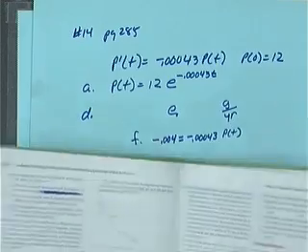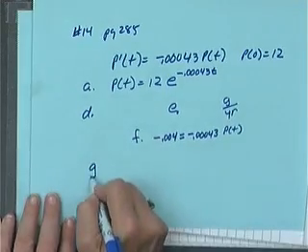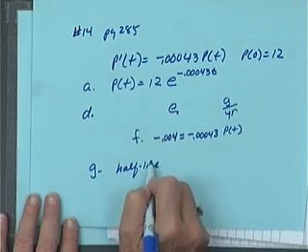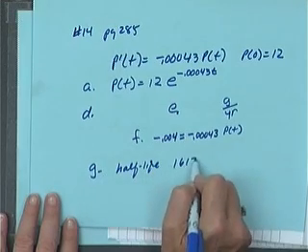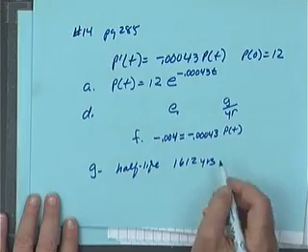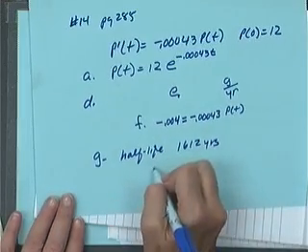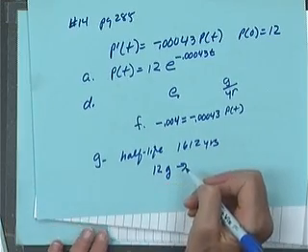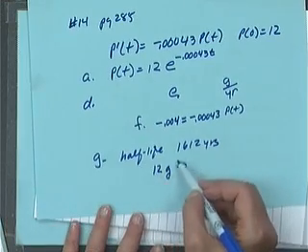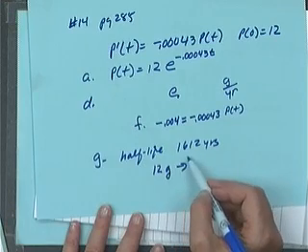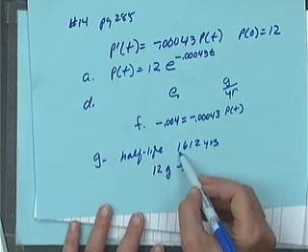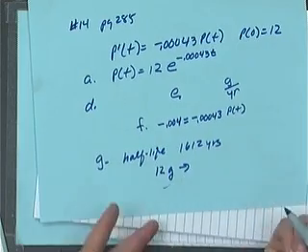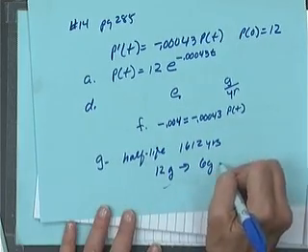Let's go to part G. It's talking about half-lives. In part G, it tells us the half-life is 1612 years. So we're starting out with 12 grams. The first part of the question says, if I start out with 12 grams, how much will I have left in 1,612 years of this substance? It goes to 6 grams.